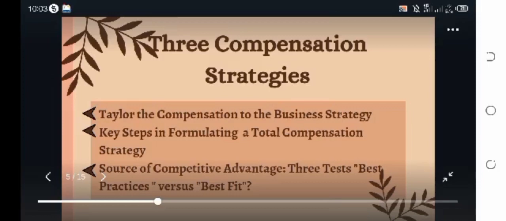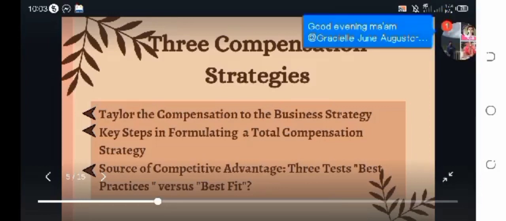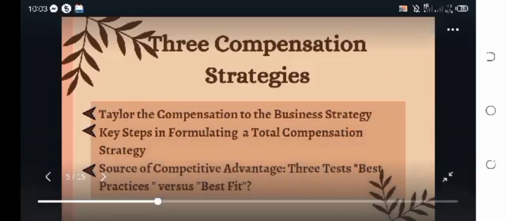By following the steps, an organization can create a comprehensive and effective compensation strategy that aligns with their goals, attracts and retains talent, and drives employee performance and engagement.